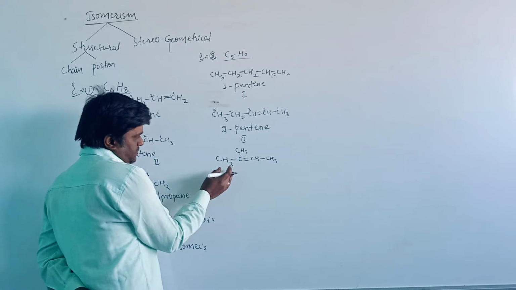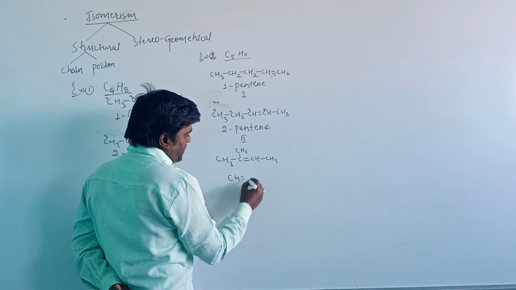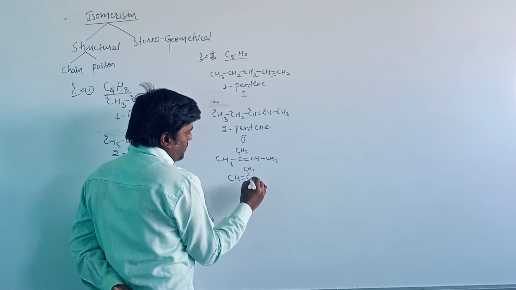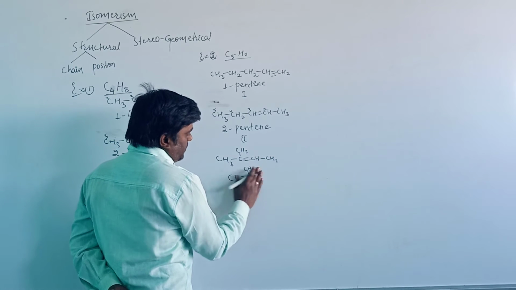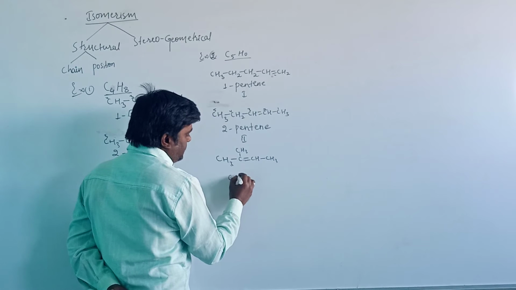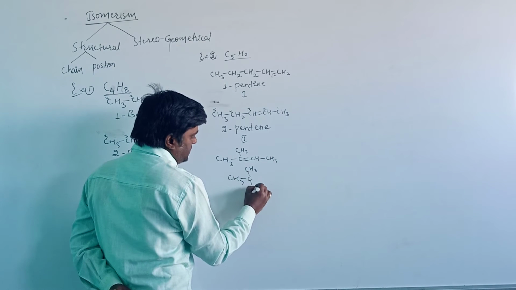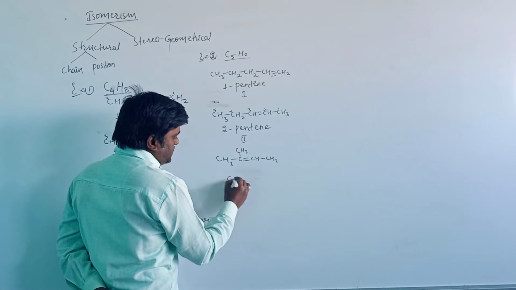We can write this one as CH double bond C(CH3). Then we can write another way, CH3, CH3, then double bond. Okay, we cannot write that.